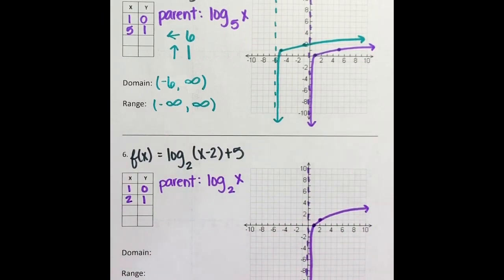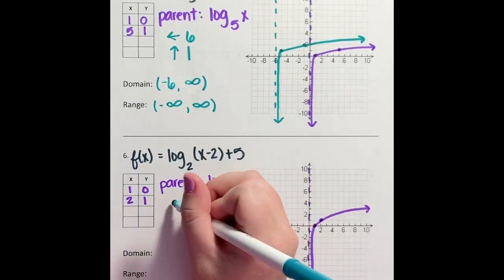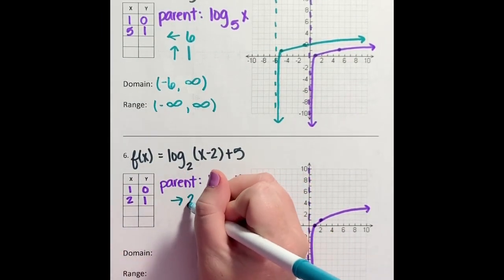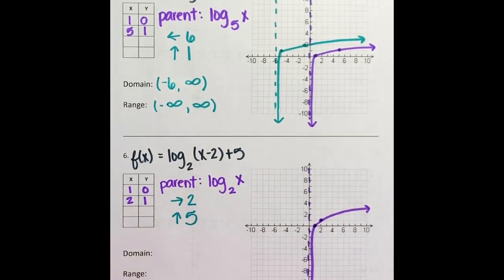For the transformations, I know that I'm going right 2 and up 5. So I will be moving both points right 2, up 5.